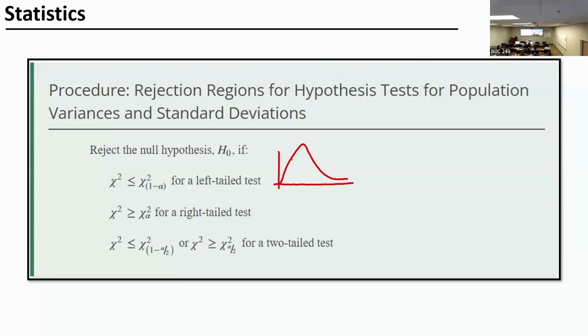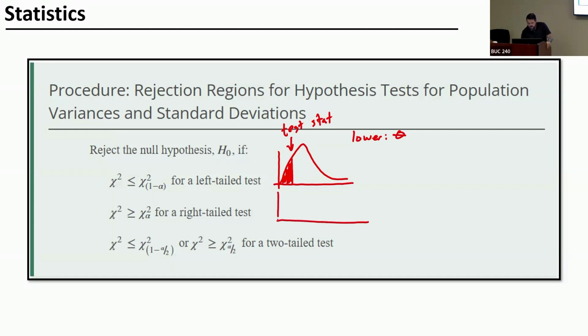So look here, for a left tail test, we can tell it's going to look like this. But when you put this in your calculator, your lower bound is going to be 0 because the chi-square starts at 0, and then this right here is just going to be your test statistic. Same thing whenever you have a right tail test.